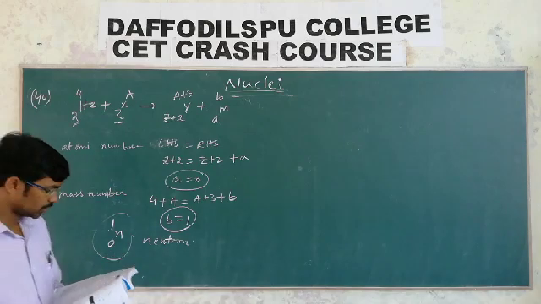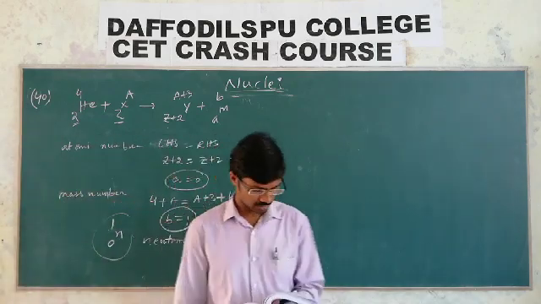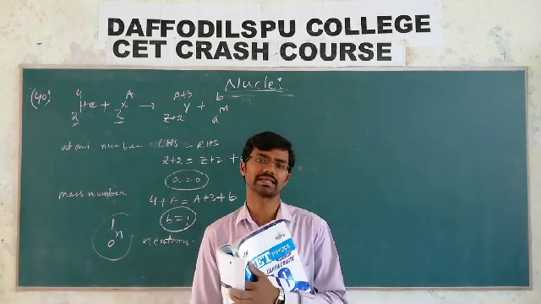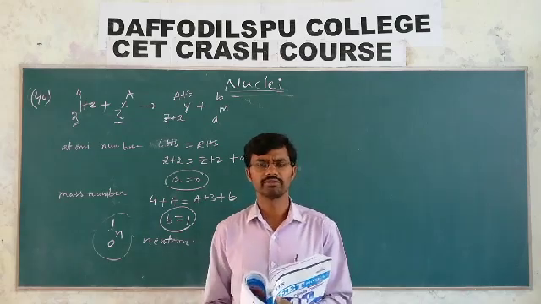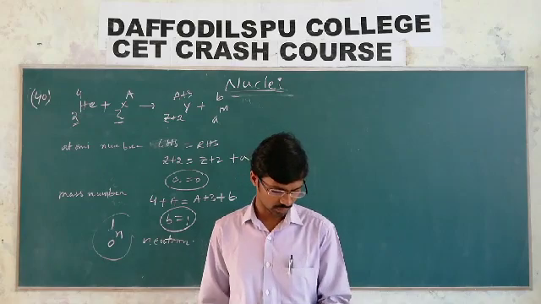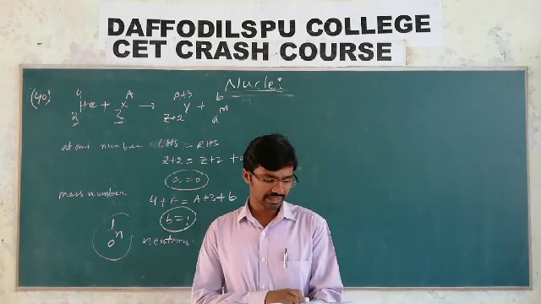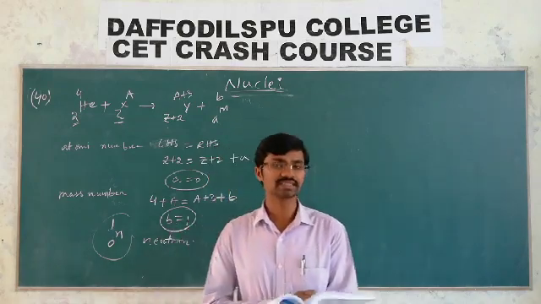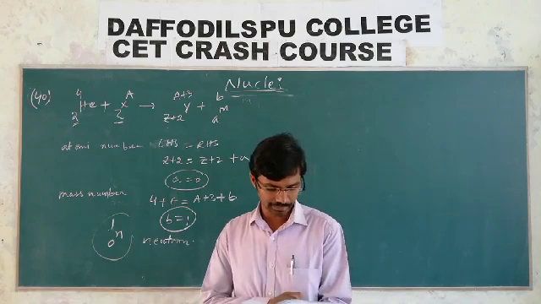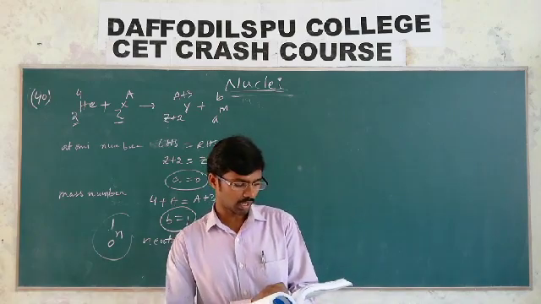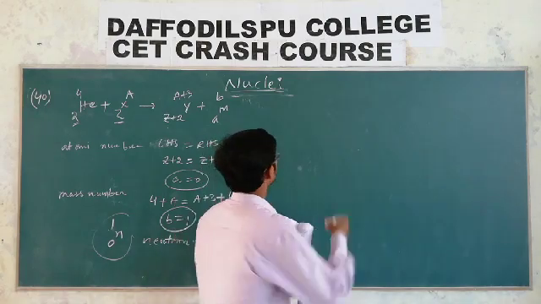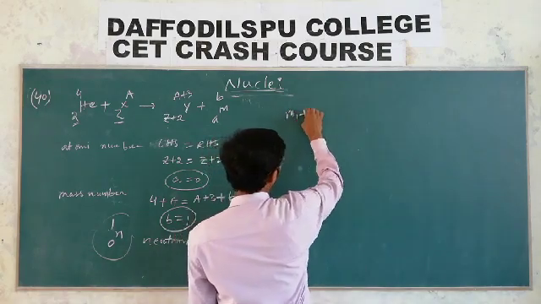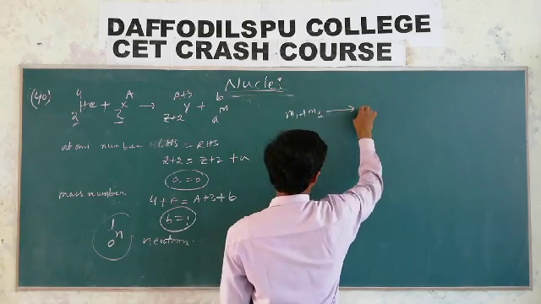Fourth option. Nuclear fusion is possible only between light nuclei. When two light nuclei combine to form a heavy nucleus, that is called nuclear fusion. If in a nuclear fusion process, the masses of the fusing nuclei are M1 and M2 and the mass of the resulting nucleus is M3, then M1 and M2 are fused to M3.